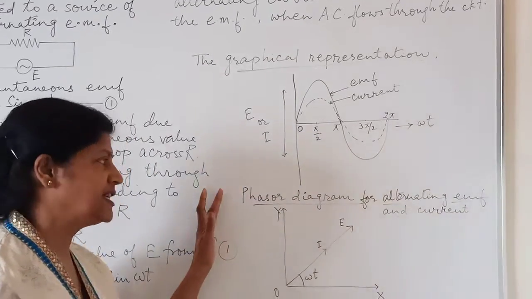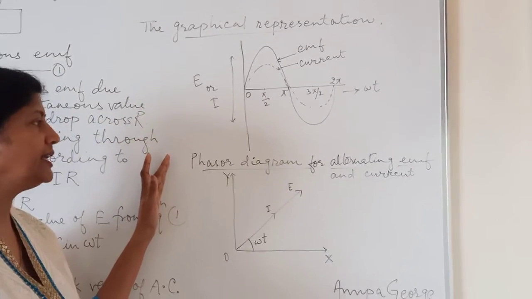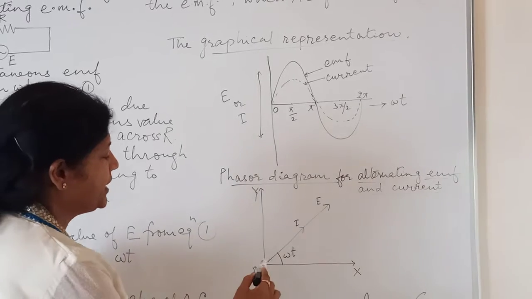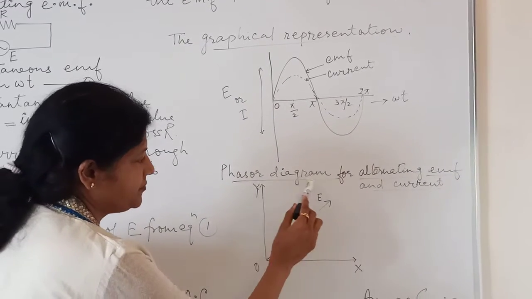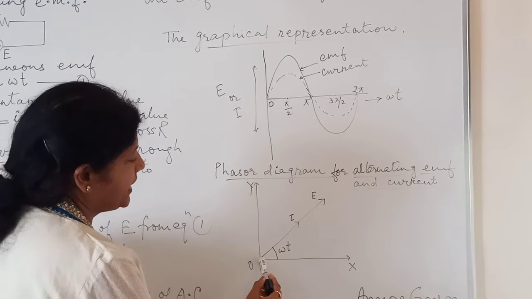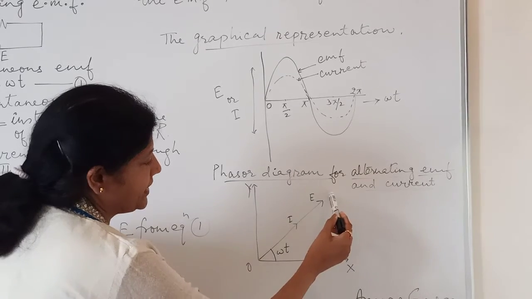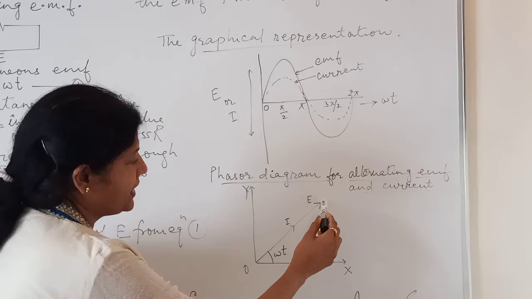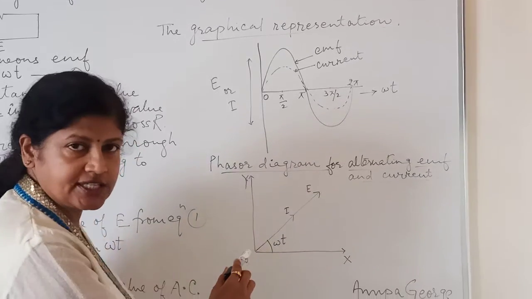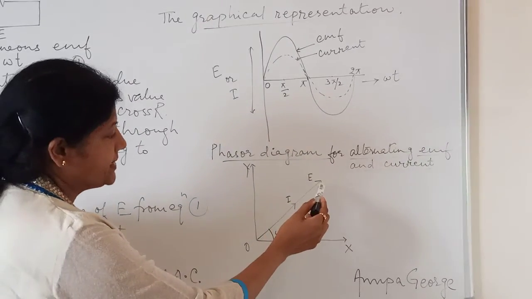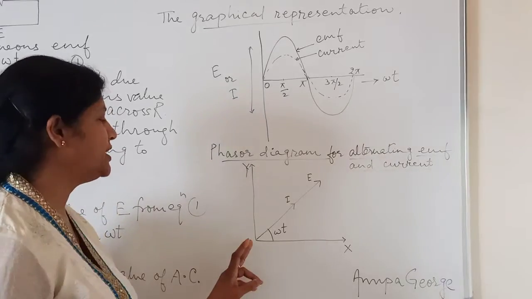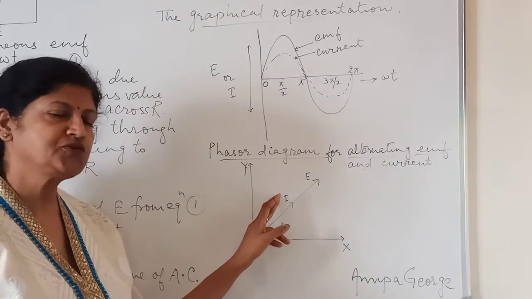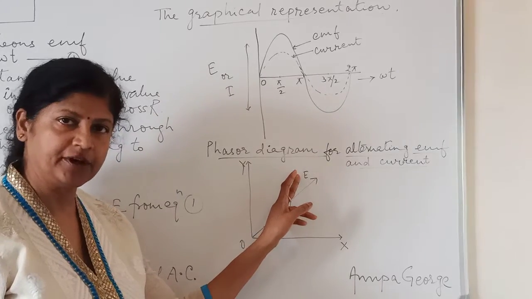Now come to the phasor diagram for alternating EMF and current. We get one straight line with constant slope, which represents alternating current as well as alternating EMF.